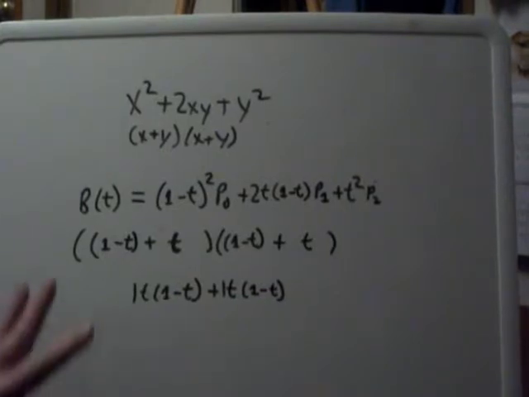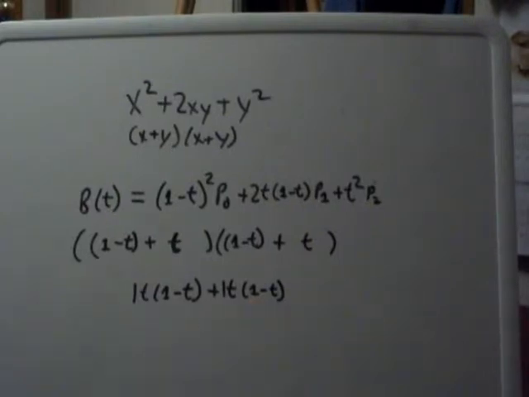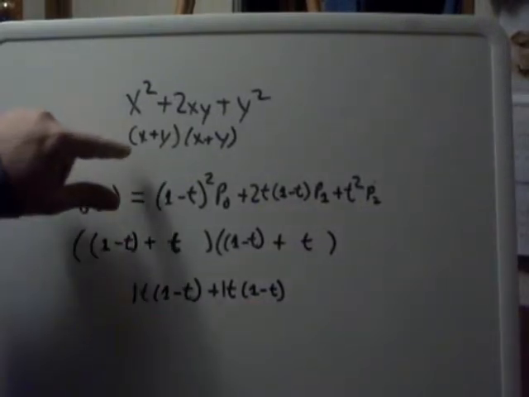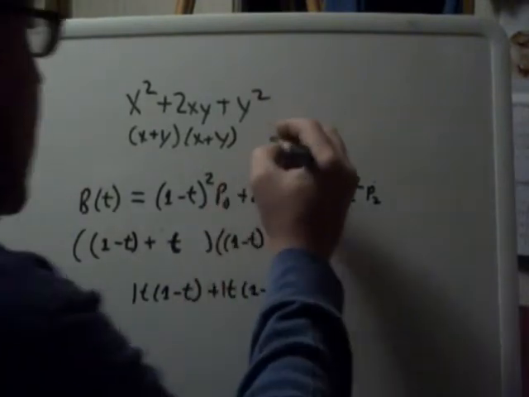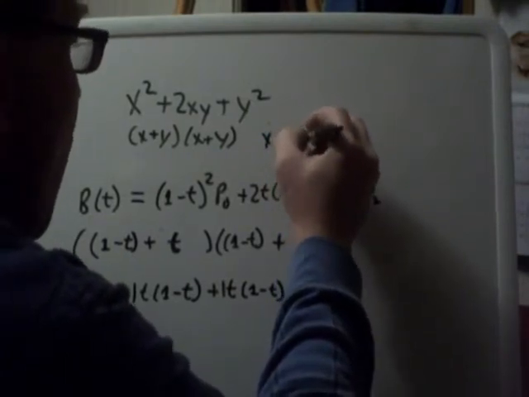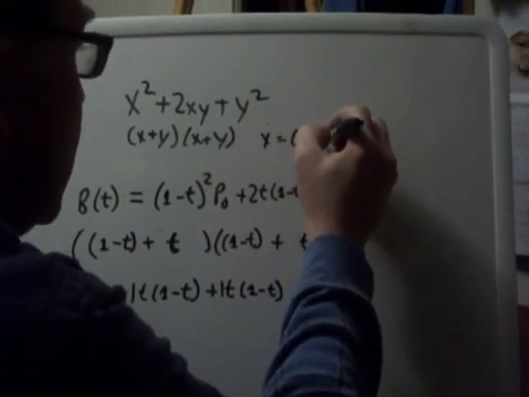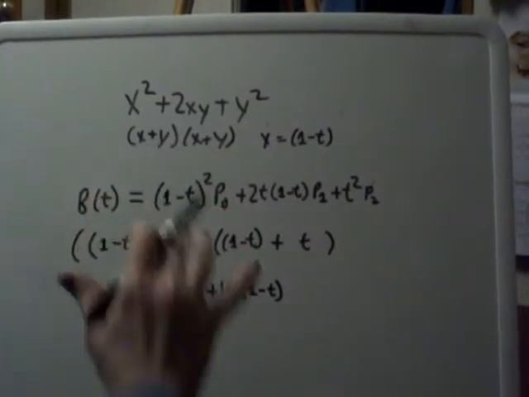Alright. Now that we know all of this, we first know that the x here, in this case, represents 1 minus t. Just like that. What does the y represent?